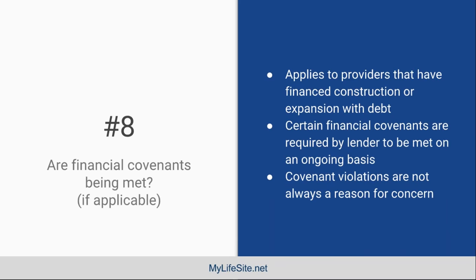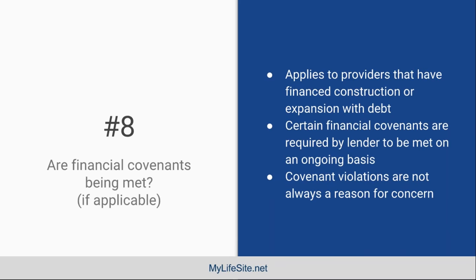if there have been any recent violations of those bond covenants. So the lender will generally require that they meet certain metrics on an ongoing basis. And there certainly can be a community that has had covenant violations, and sometimes they're not that big of a deal, frankly.